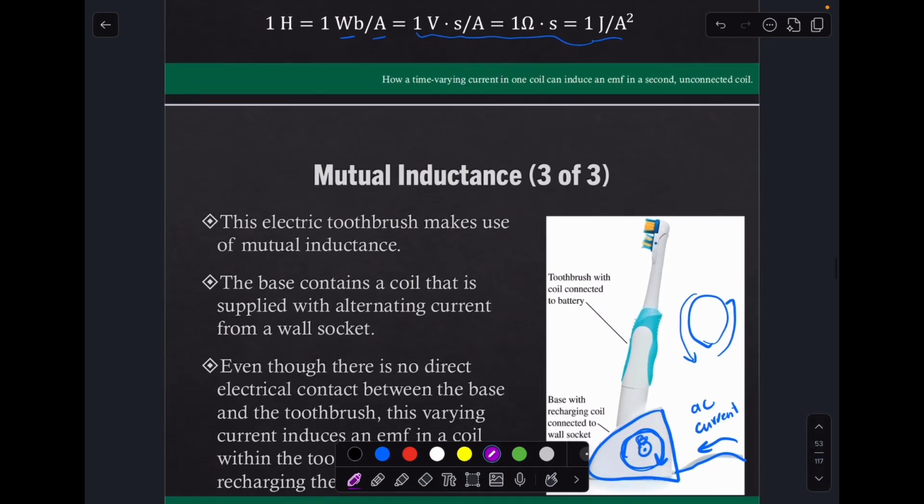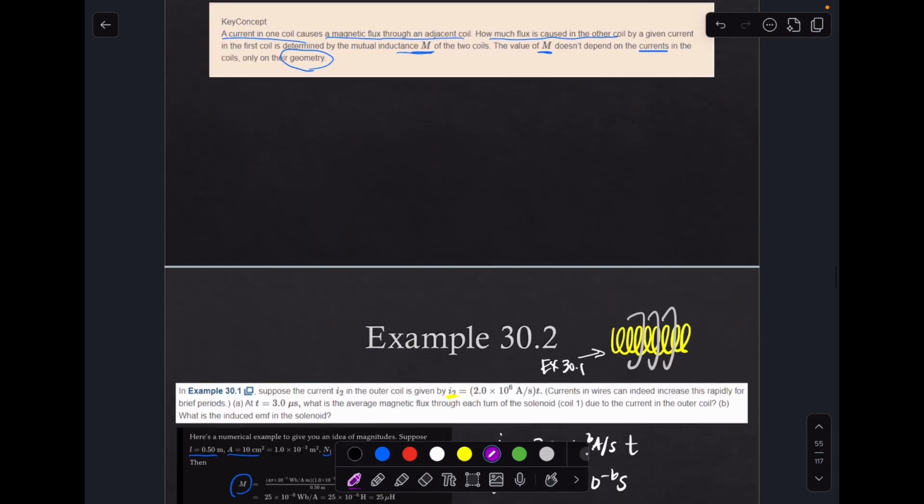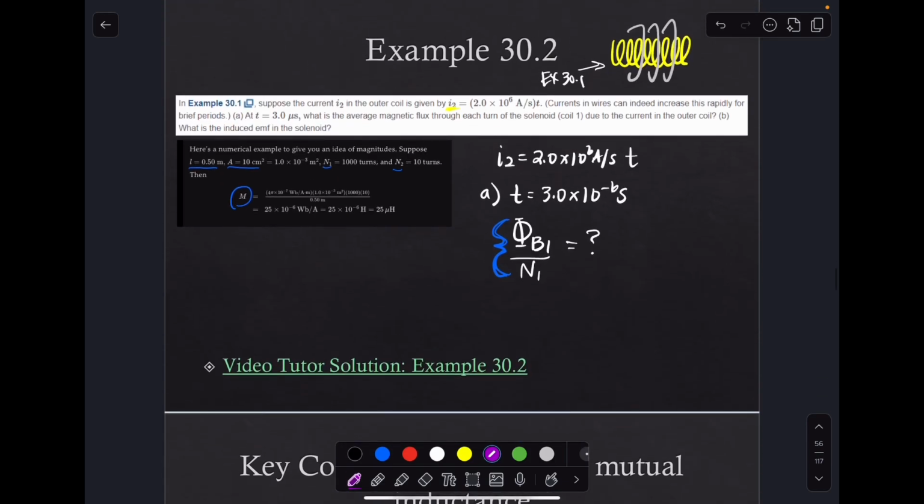So let's start with that equation. M equals N1 phi B1 over I2. So we know that this, okay, and we're given I2, so that's good. We know we need to start with this equation.